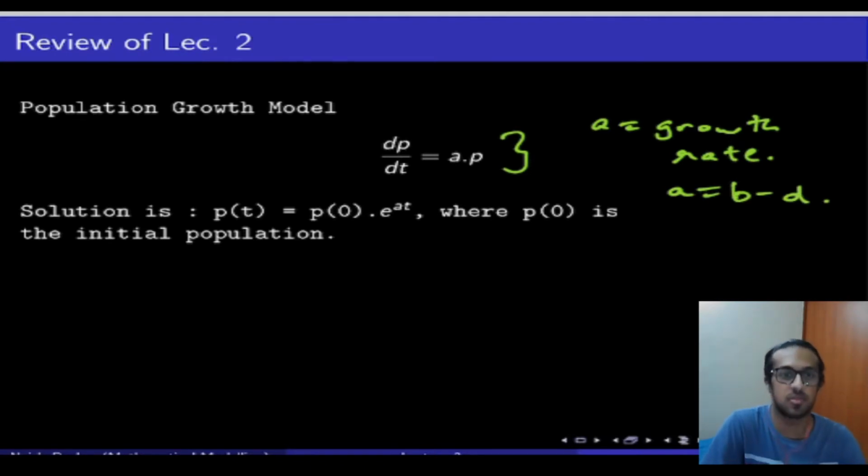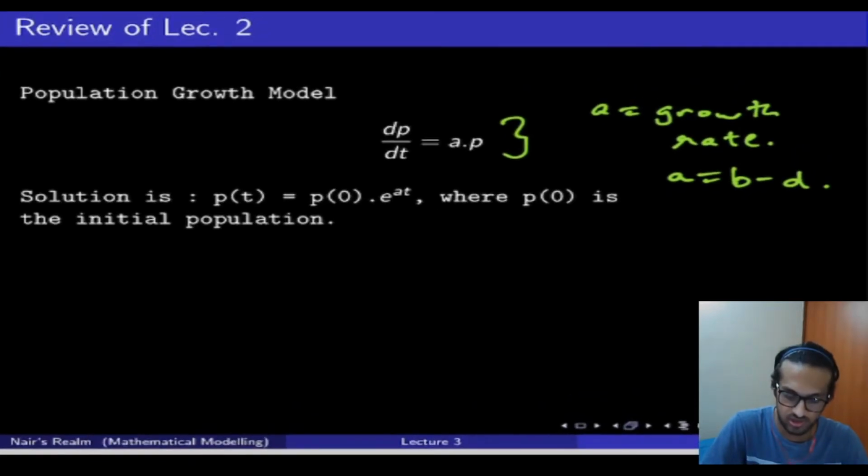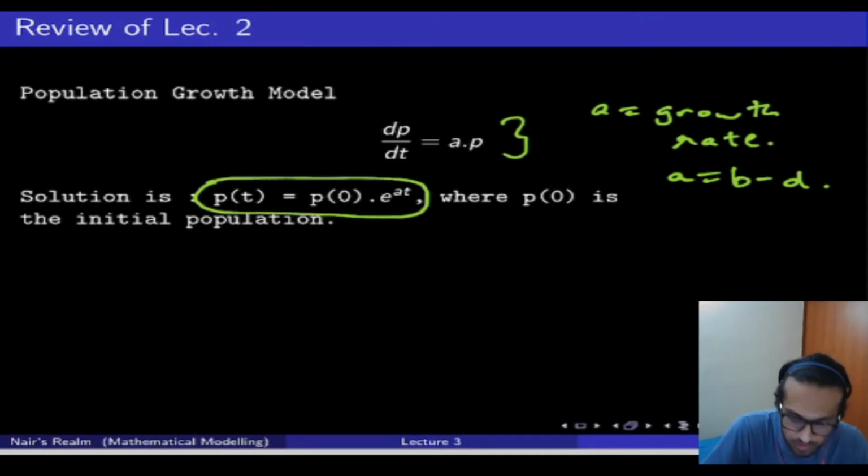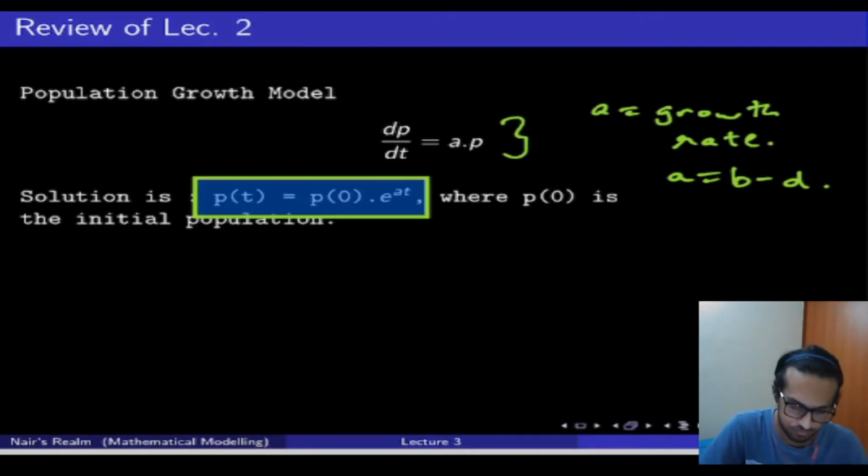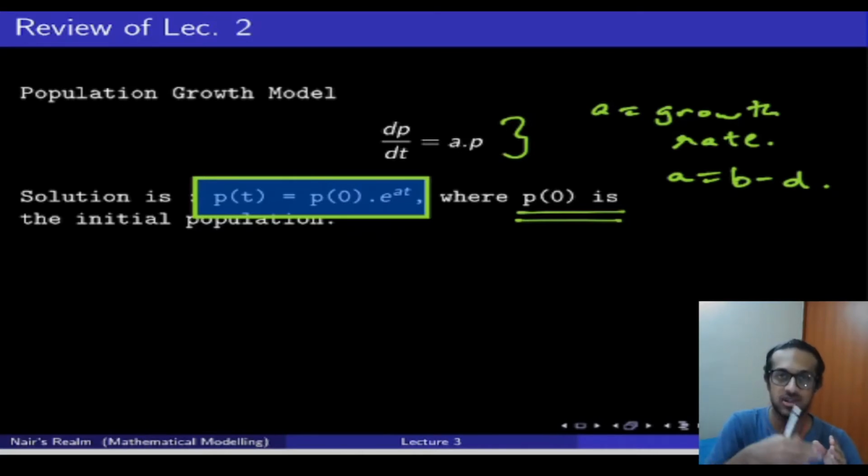The solution to this differential equation is P(t) = P0 e^(at). Here, P(0) is the population at the initial time, so from whatever time instant you start considering the population growth, the population at that starting instant is P(0). And P(t) gives you the population size at any particular time t.